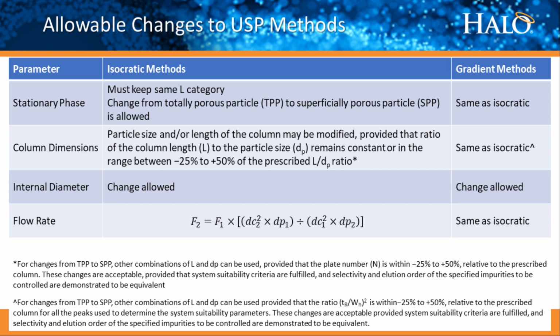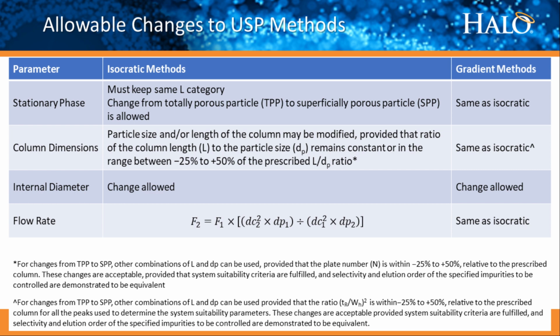In terms of the column dimensions, the particle size and/or length of the column may be modified, provided that the ratio of the column length, L, to the particle size, dP, remains constant, or in the range between -25 to +50% of the prescribed L to dP ratio. So I have a little asterisk here.